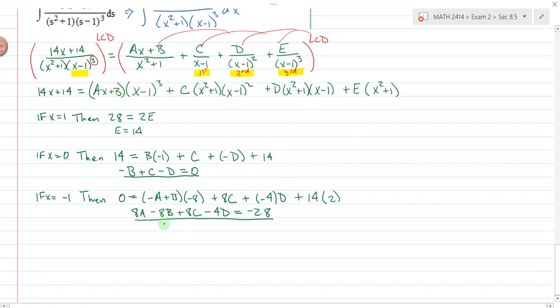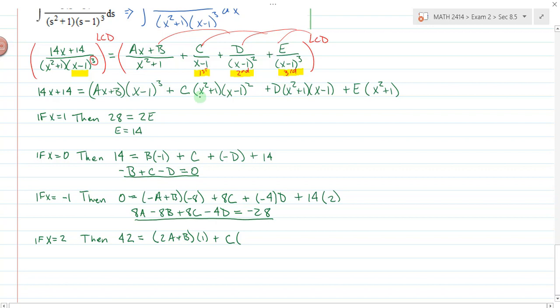All right, we need more equations because we've got 1, 2, 3, 4 variables. We need a minimum of 4 equations in order to solve a system of equations with 4 variables. So let's go with 2 and negative 2 just to keep the arithmetic as easy as possible. If x is equal to 2, 14 times 2 is 28, plus 14 is 42, equals 2a plus b times 2 minus 1 is 1, 1 cubed is 1, so I'm just going to put times 1.